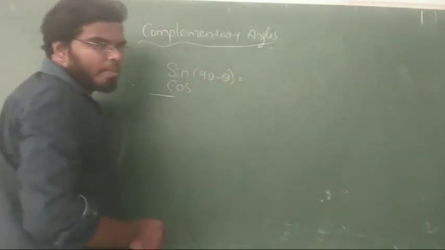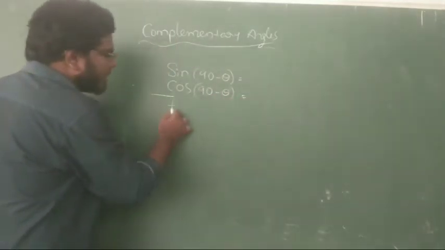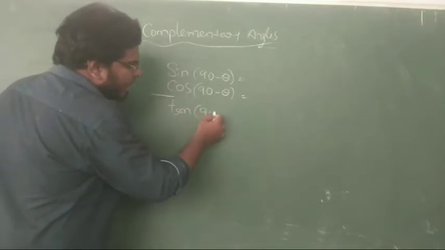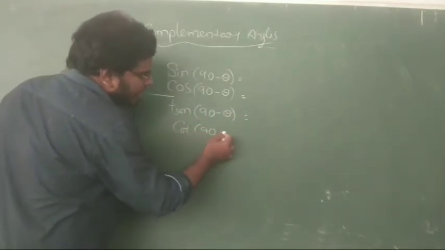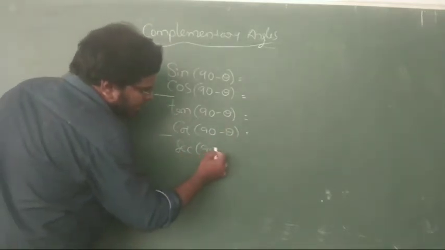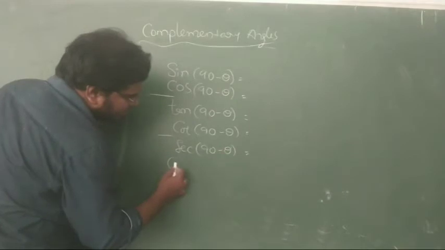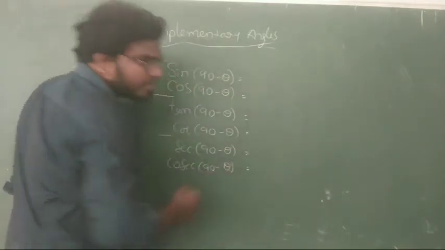Already you know. And here also 90 minus theta. Write the same thing for the other ratios also. Tan 90 minus theta. And next cot 90 minus theta. And the next sec 90 minus theta. Next cosec 90 minus theta.